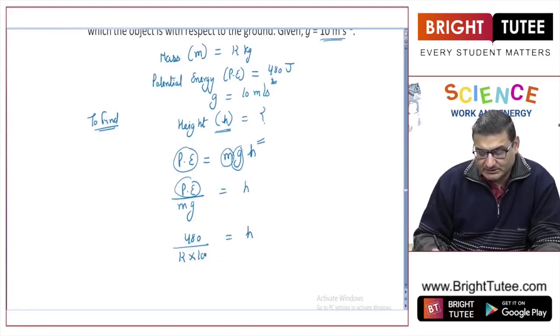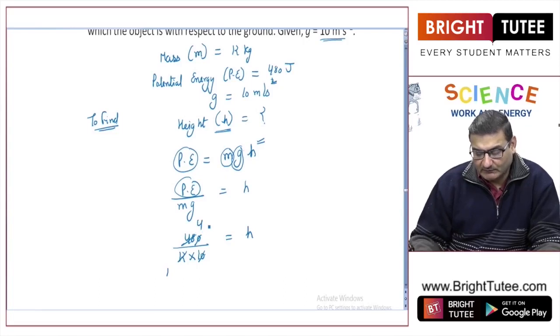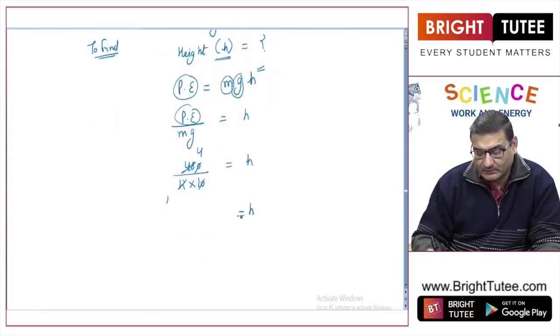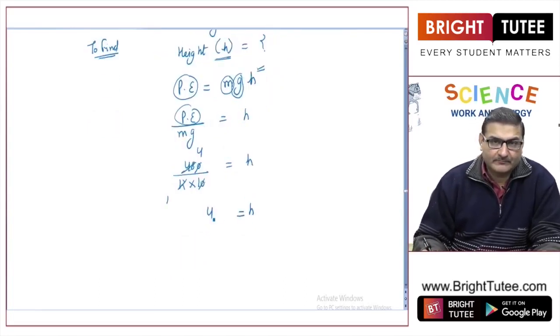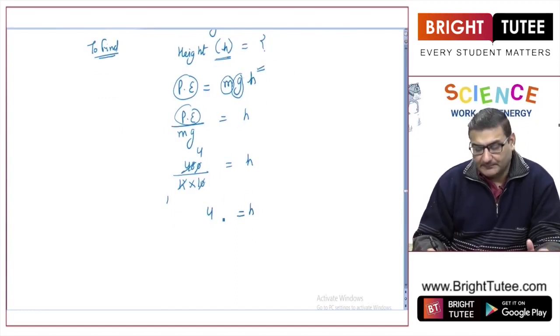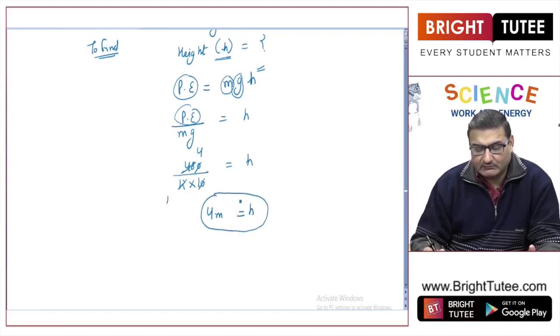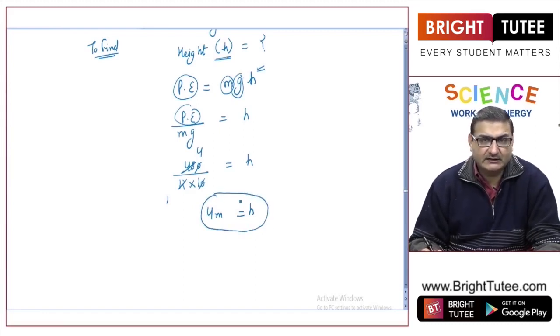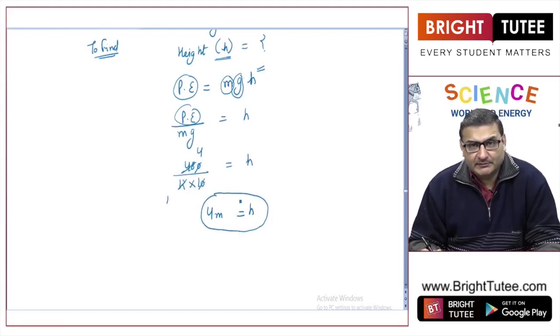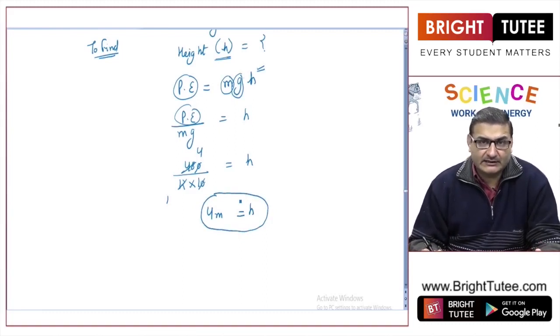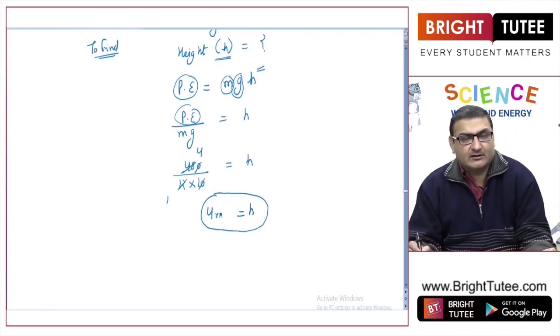This is equal to h. Cancelling 0 with 0, I am left with 48 by 12, just cancelling it, I will get 12 for the 48. So, h is equal to 4. For what? 4 meter. We need to remember what exactly we are calculating, and on the basis of that we need to remember to put the SI unit along with our answer positively. So, this will be the height, 4 meters, of that particular object.